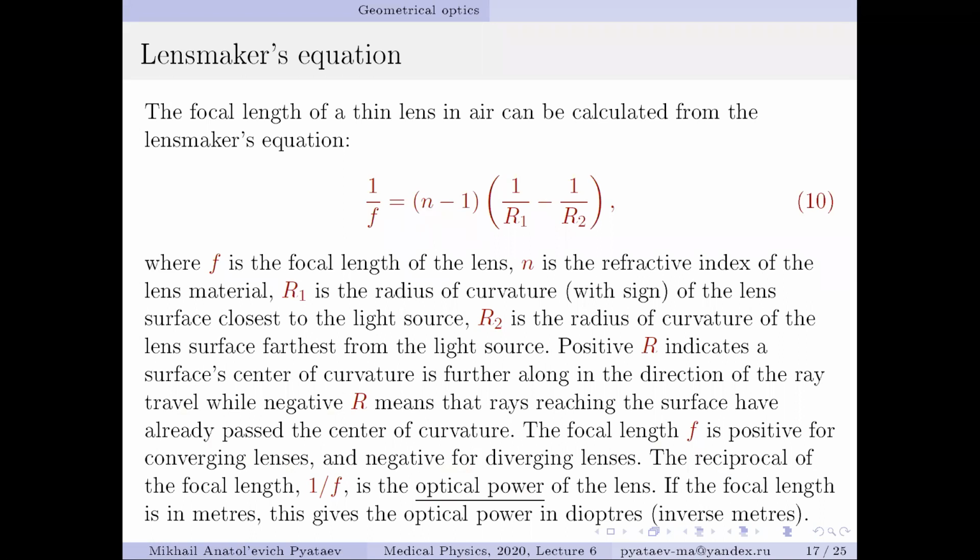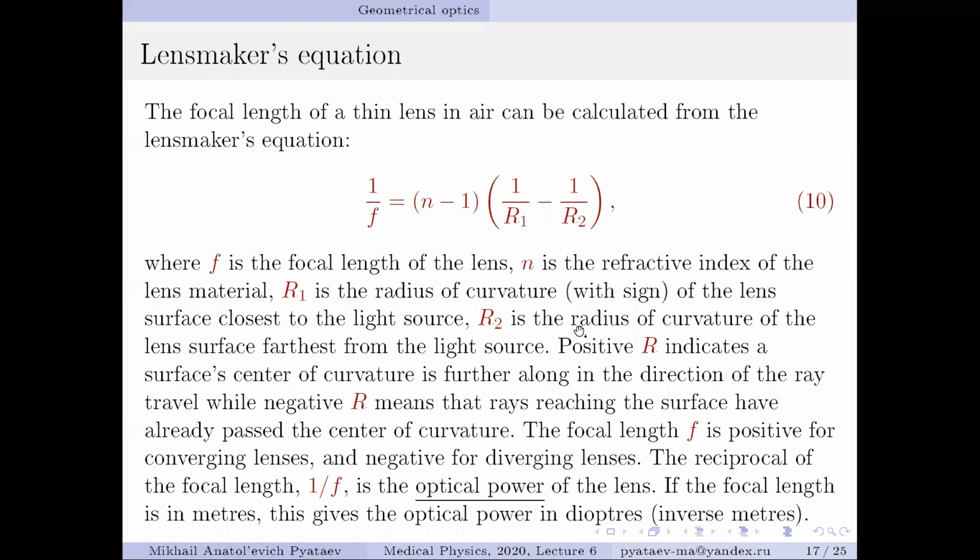So the radius of curvature is present here with sign, and it is positive if the center of curvature is closer to the light source, and negative in the opposite case.